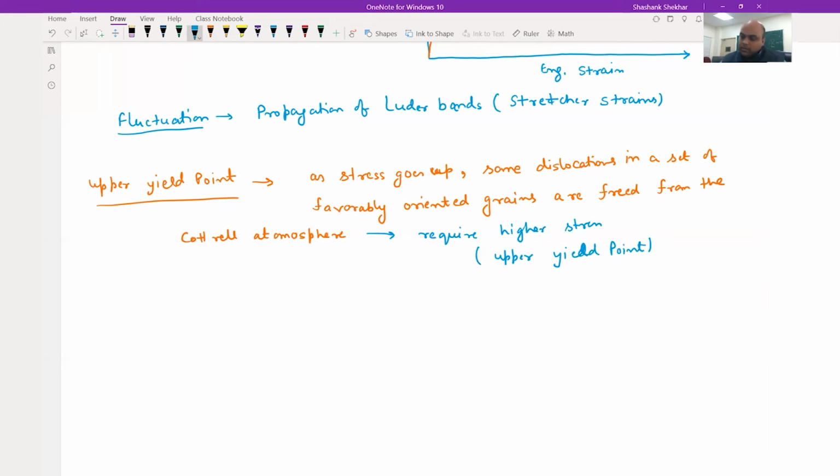Okay, now you have freed the dislocations and they are going to move easily, right, in a particular set of grains. And what you are going to see is a burst of plastic straining, more or less in a narrow region, and that particular narrow region is called Lüders band.